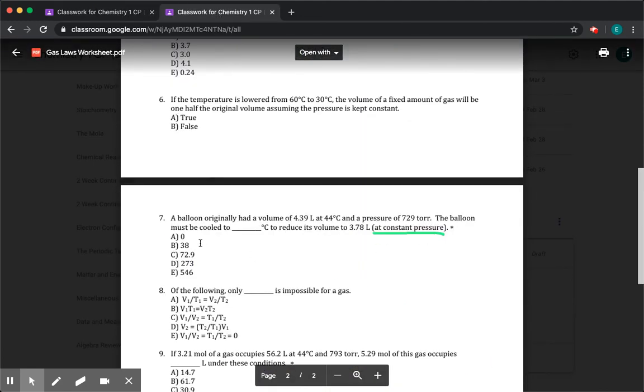So the equation we're going to be using is V2 is equal to V1 T2 over T1. What we're looking for is the temperature the balloon must be cooled to in order to reduce the volume. So we know V2 already.